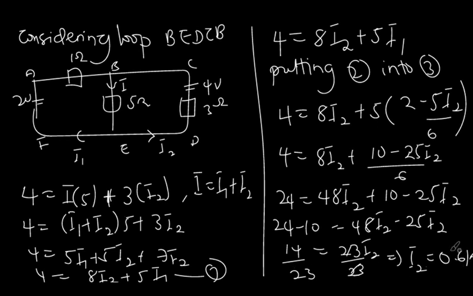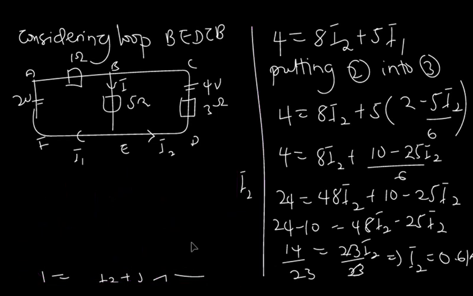Now if that is our value for I2, then let's try and get I1 so that we can combine I1 with I2 to get our I, which is what the question is demanding that we find.